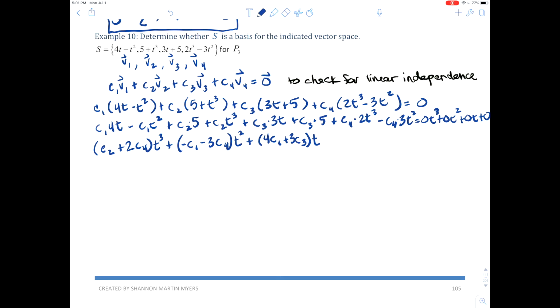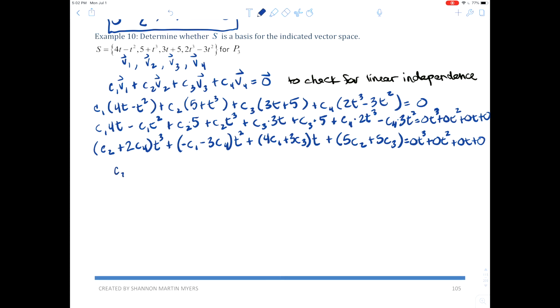And then finally, for our constants, we'll have 5C2 plus 5C3. And that's equal to 0t cubed plus 0t squared plus 0t plus 0. Cool, cool?